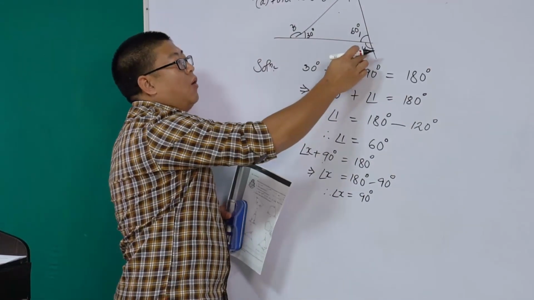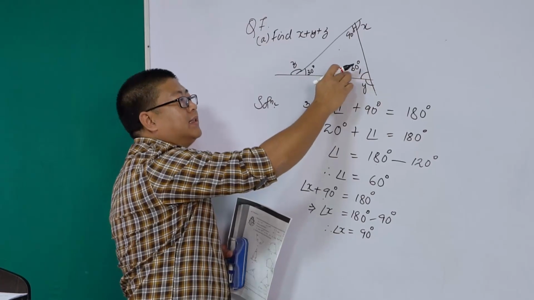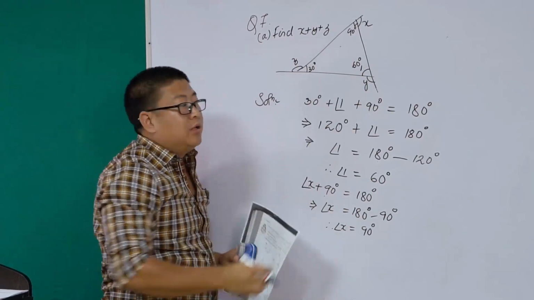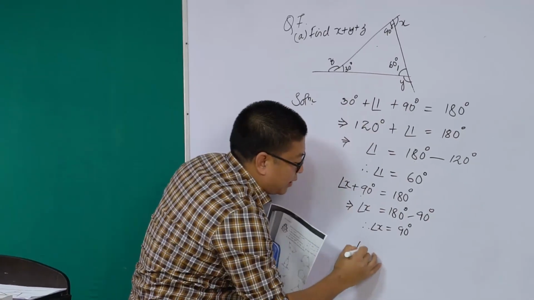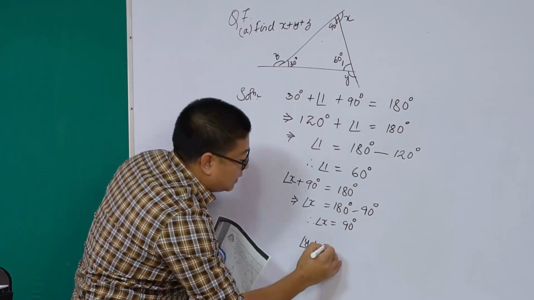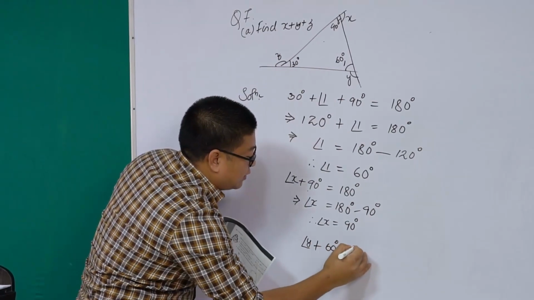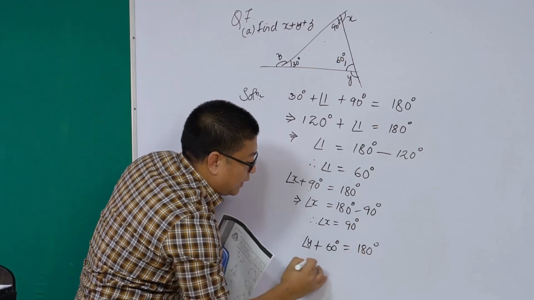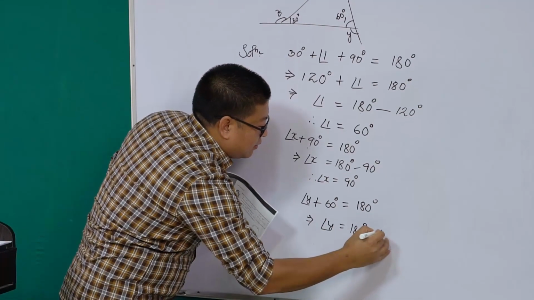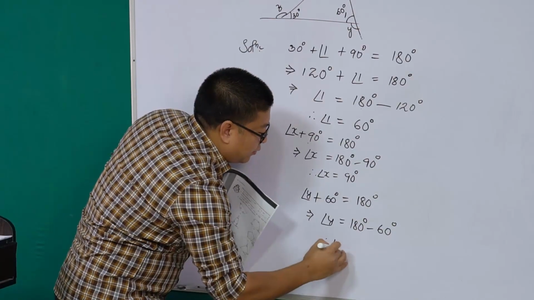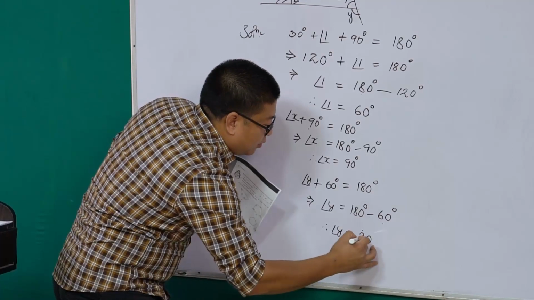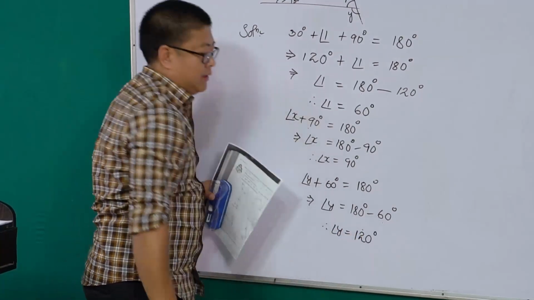Similarly for y. y and angle 1, that is 60, these two are linear pairs. So we're going to add them together. y plus 60 degrees is equal to 180 degrees. Therefore, we get angle y as 120 degrees.